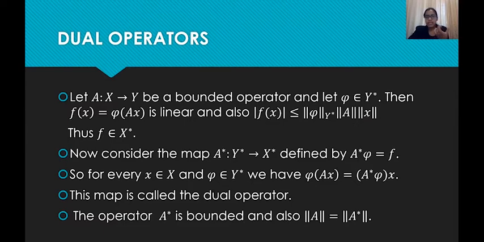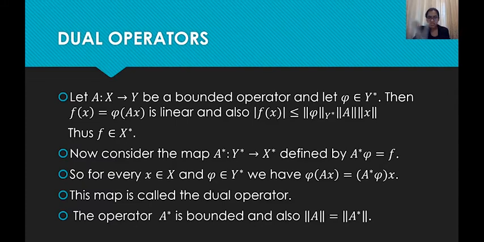So since all these, A and phi, everything is bounded, we can say that modulus F of x will also be less than or equal to some finite value. So F is linear and F is bounded, so it forms a bounded linear operator. And where is it acting? F is acting on x, an element in capital X. So F is an element of X star.